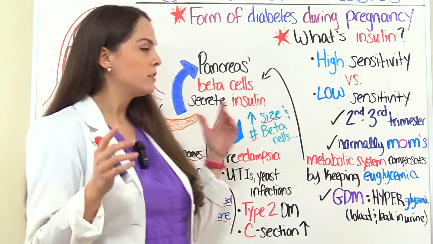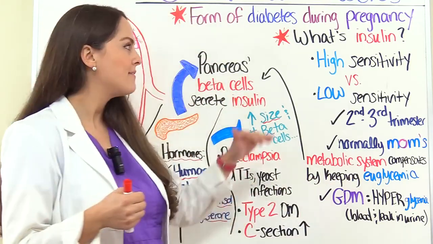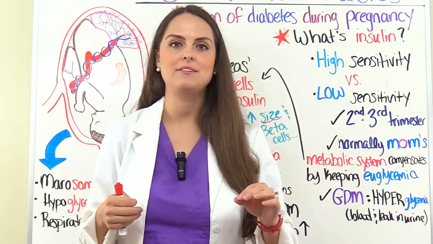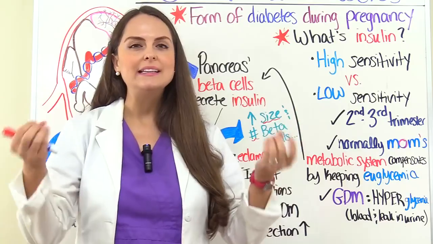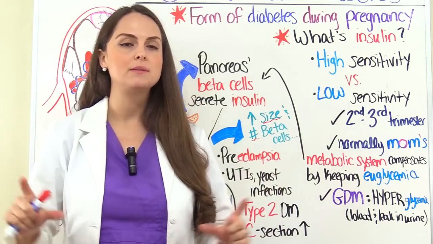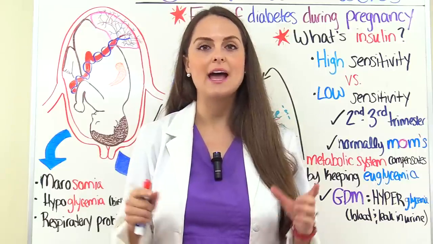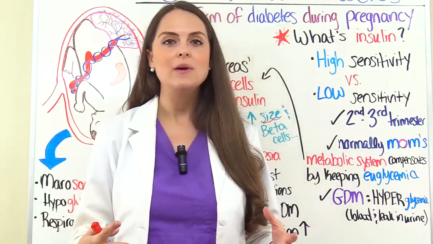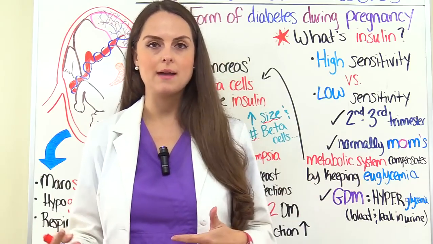So during early pregnancy, we have a high insulin sensitivity, meaning those cells are being influenced by insulin and they're readily taking in the glucose from mom's blood. Now, this is beneficial because the body knows that, hey, we're carrying a baby, so we need to have growth in our adipose tissue to support mom and baby.